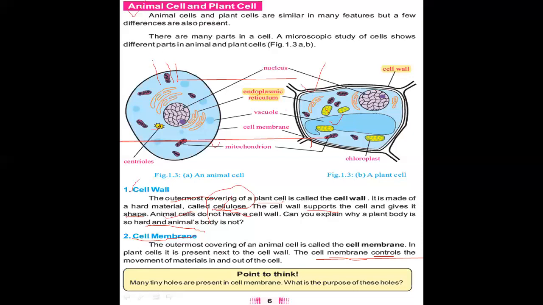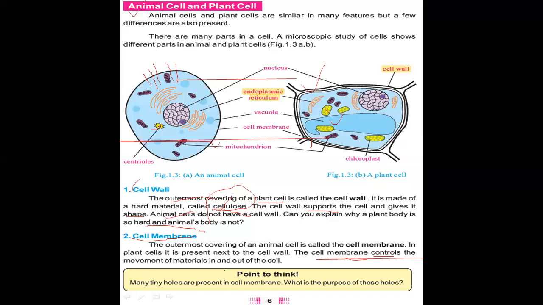Some molecules can enter through this cell membrane and some can go outside. When there is more water absorbed by the cell, it removes it through the cell membrane. When it needs the water, glucose, and some other materials can come inside the cell.